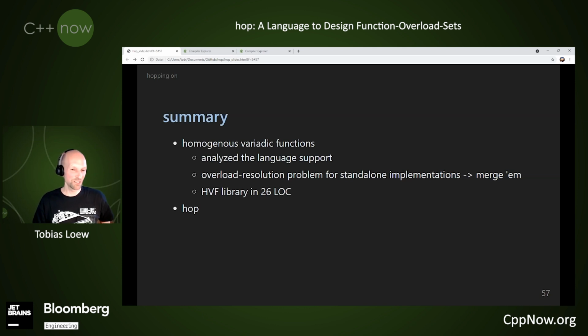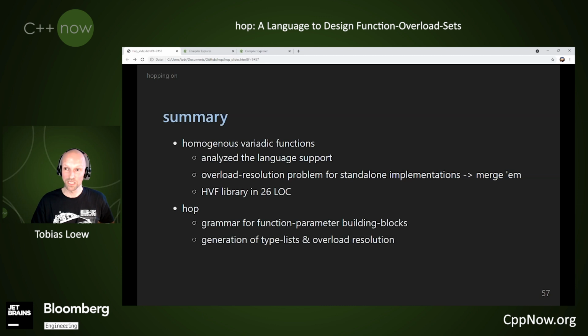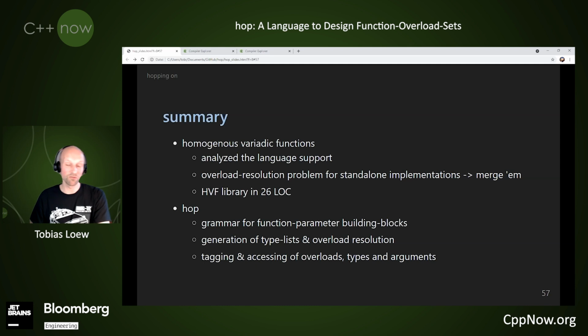Then we looked at the hop library, where first we saw the grammar for building function parameters. We looked at the generation of the type list and how the overload resolution is done, how tagging and accessing of overload works, and there's a lot more in the library.